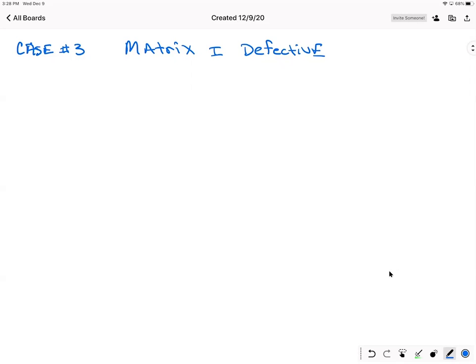So that's an interesting idea, but the truth of it is the case still exists where you have defective matrices. So let's get a flavor of what happens here. For example, we have A equals [[1, -3], [3, 7]].